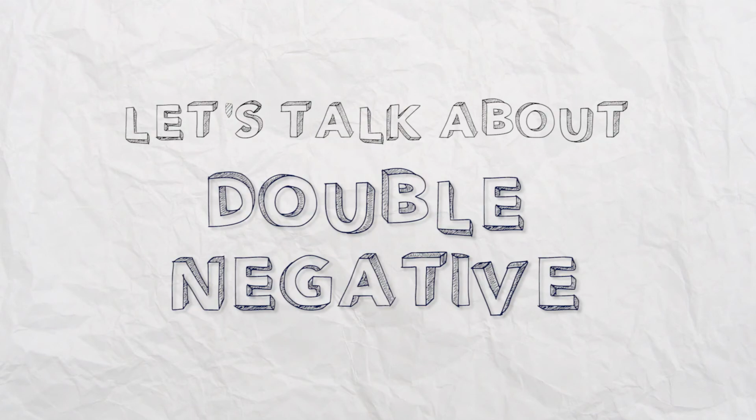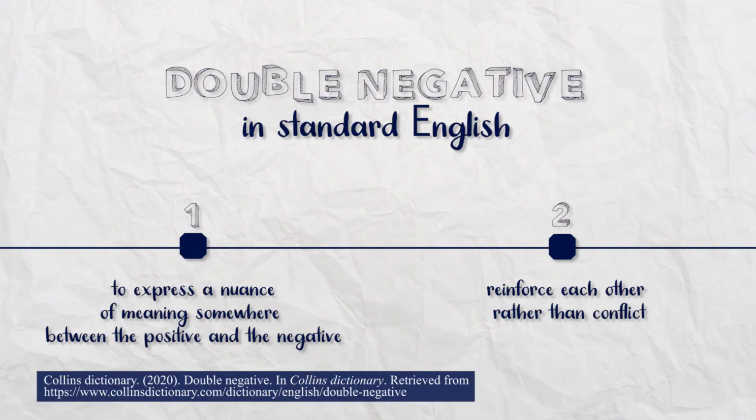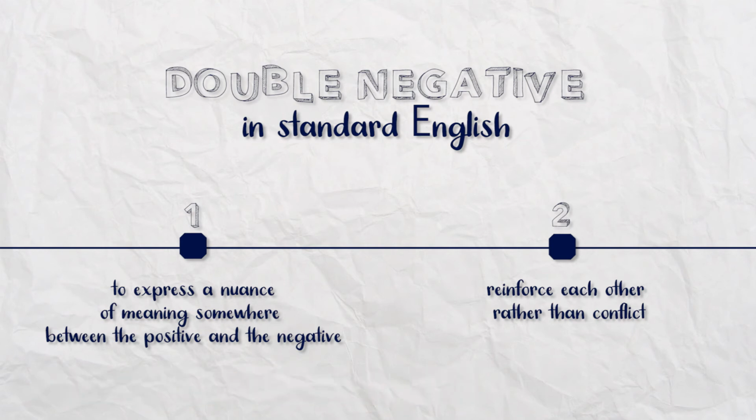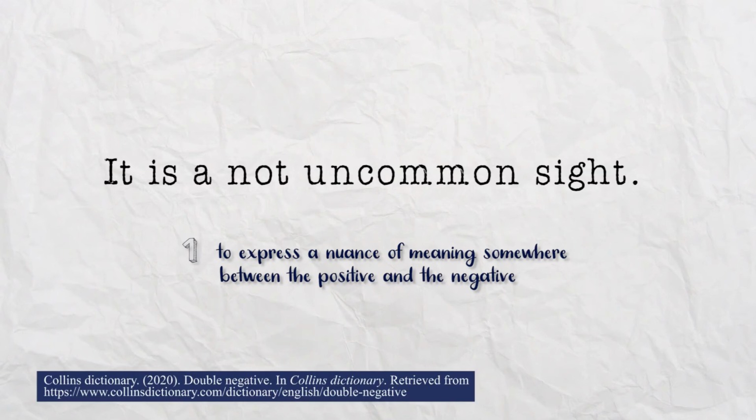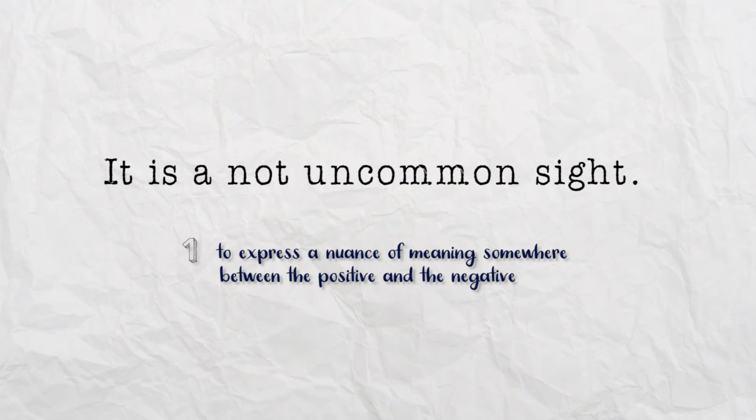So what is a double negative? There are two contexts where double negatives are used. Sometimes, even in standard English, you use double negative. For example, it is not an uncommon sight. Here, because this is standard English, it's not negative concord. It actually means two negatives, which kind of make a positive. When you say it is a not uncommon sight, it somehow means it is a common sight.